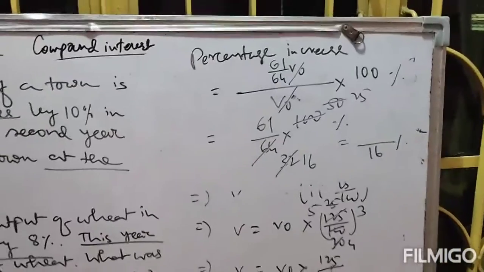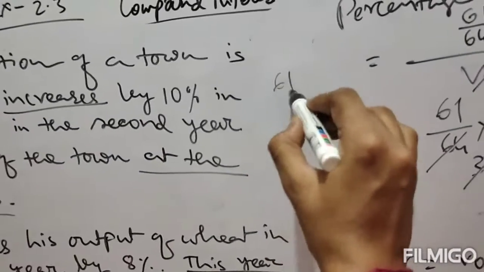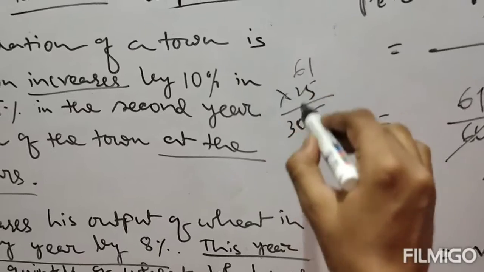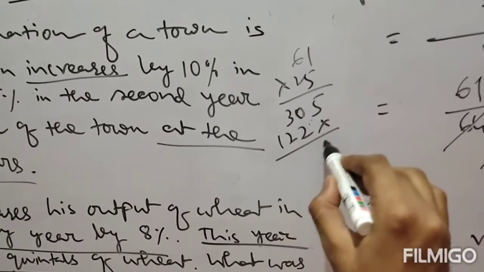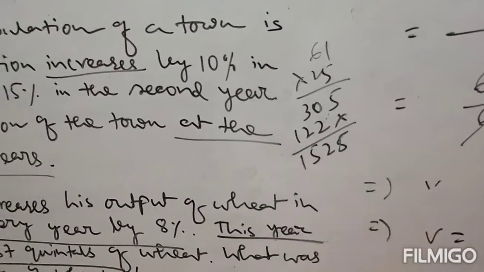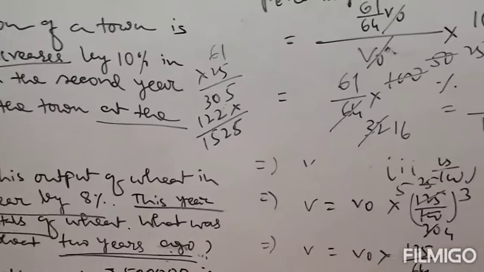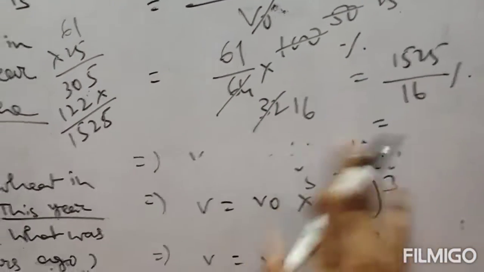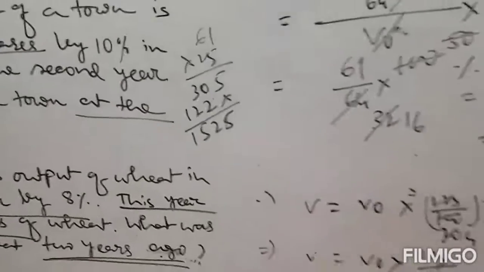So 61 into 25, just multiply. 5 ones are 5, 5 sixes are 30, 2 ones are 2, 6 twos are 12. This is 1525. Now convert it into a mixed fraction.